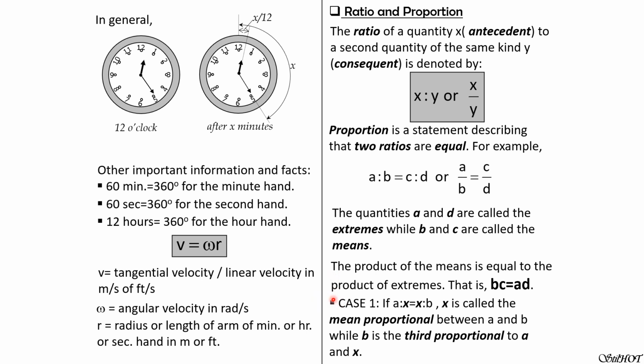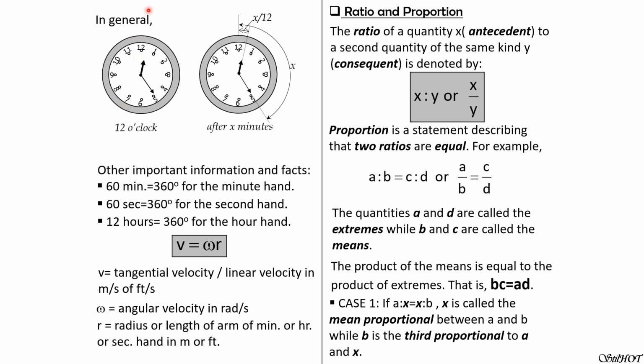If you transform this into an equation form, then we have A over X equals X over B. You can form X squared equals AB. Remember the square of the geometric mean in geometric progression. So that's why it's called the mean proportional between A and B. While in this case, B is the third quantity, B is called the third proportional to A and X. So that's for that situation.